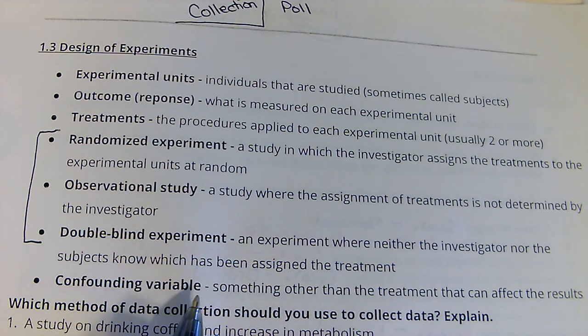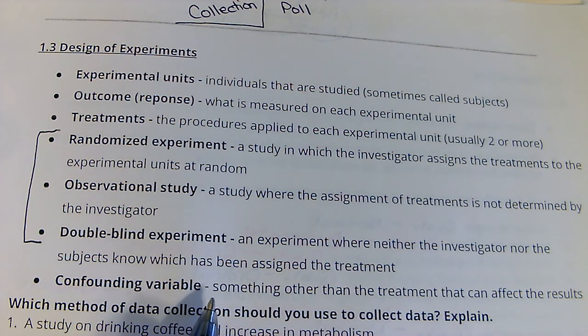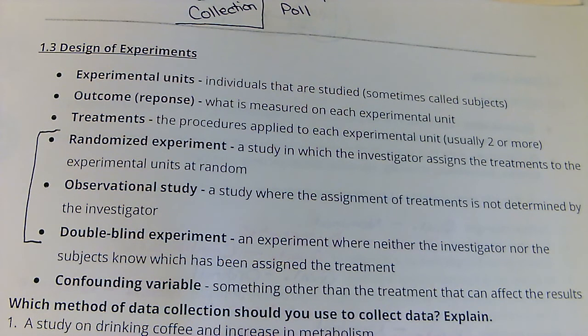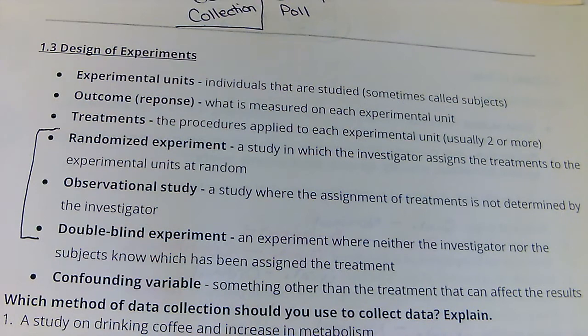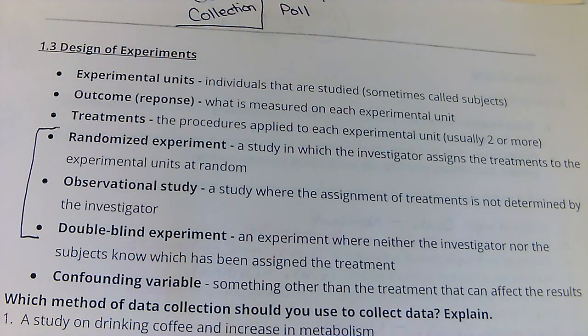Now, something to be careful of on experiments is sometimes there's what is called a confounding variable. Something other than the treatment can affect the results. And we're not going to go into a whole bunch on that. If you are going into a science field, you'll think about that more.